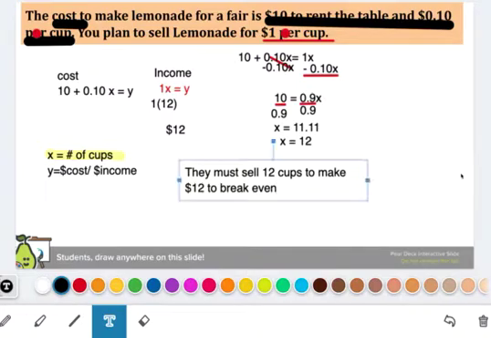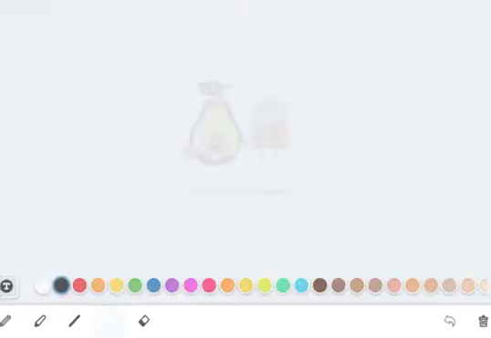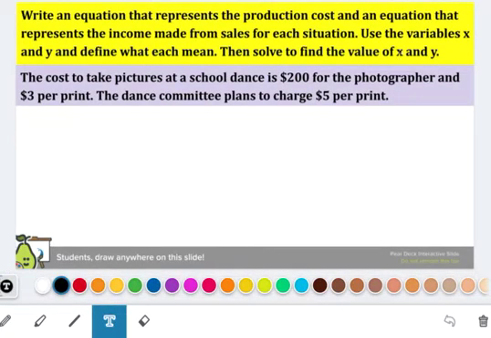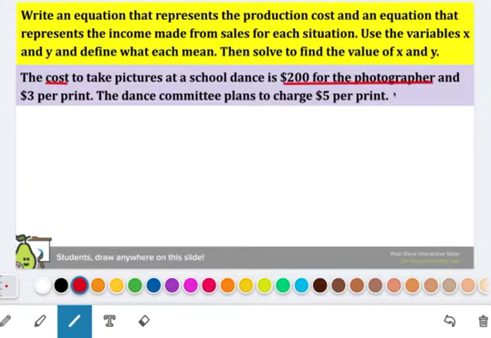Okay, and your next one is this one, and it's the same thing. Use X and Y. I shouldn't have put this there as the direction we did in class, because it says the next slide. The cost to take pictures at a school dance is $200 for the photographer and $3 per print.